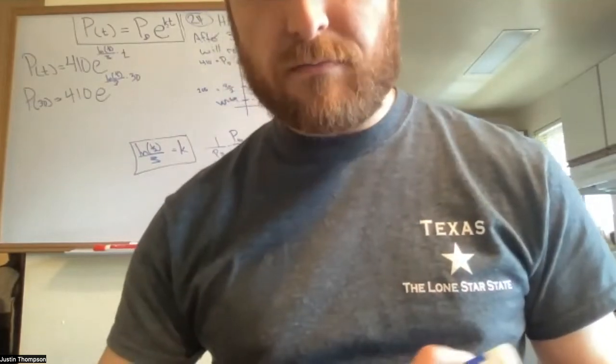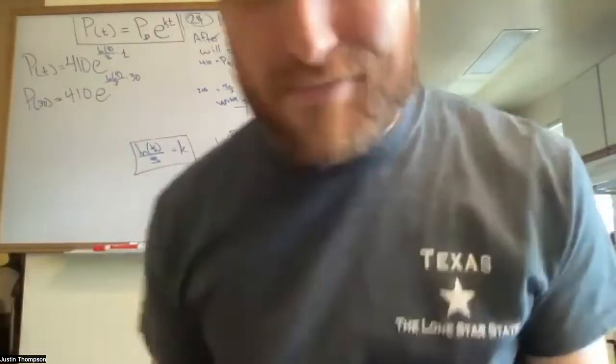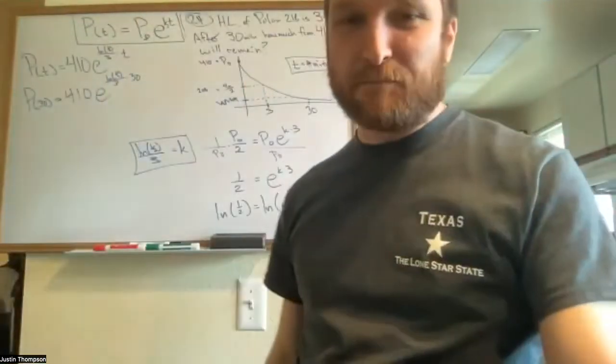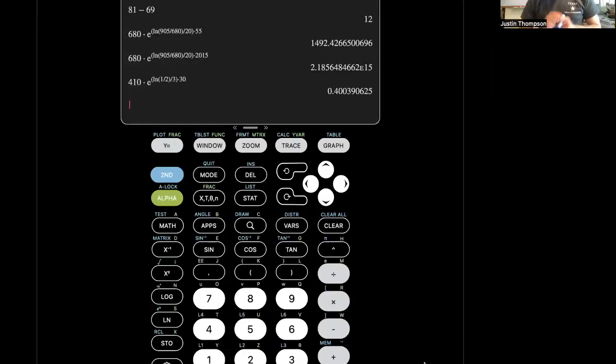0.04004. Oh, you didn't see, I didn't share that, did I? Okay, so I'll share that real quick just so you can see the calculations that I did. I said 410 e, and I put parentheses around the k part, so you get that log 1/2 divided by 3.